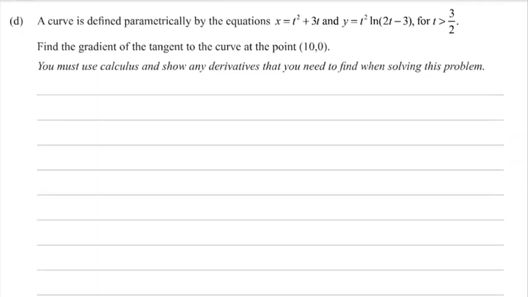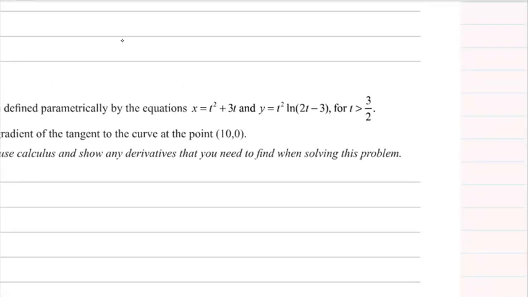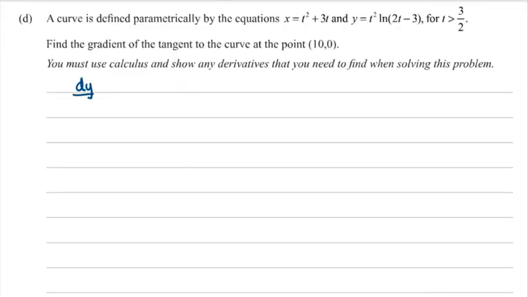Okay, part D. We've got some parametric equations going on. We want to find the gradient of the tangent to the curve at a particular point. So we need to find dy by dx. Now that will equal dy by dt times dt by dx. Right, so dy by dt is equal to, oh, we've got another product rule.